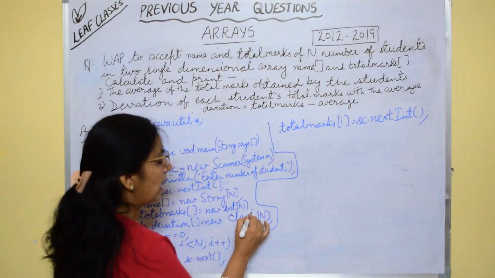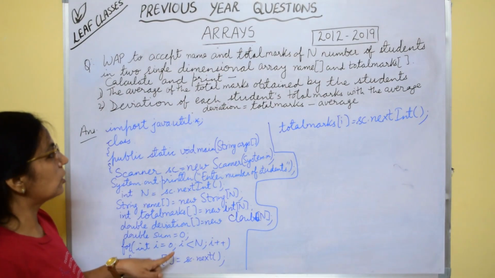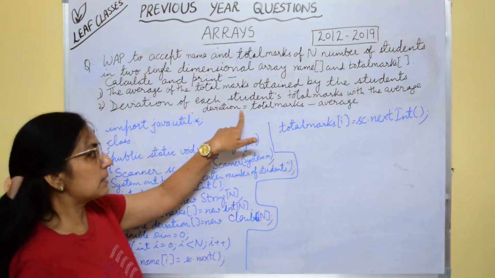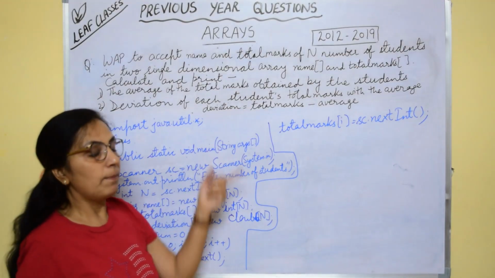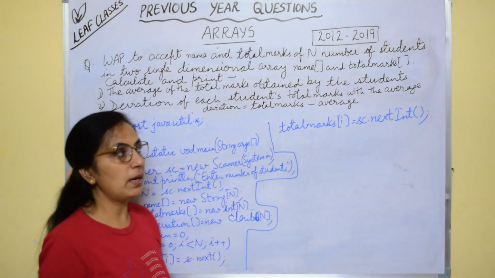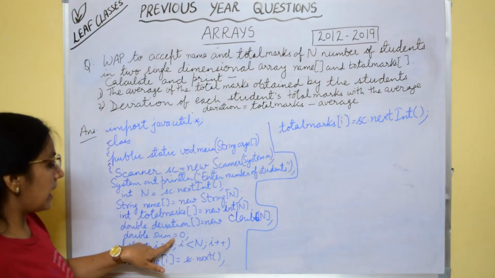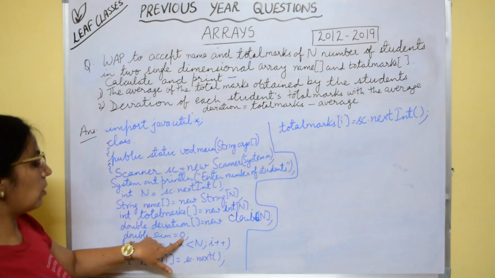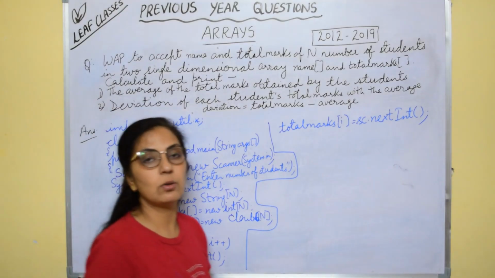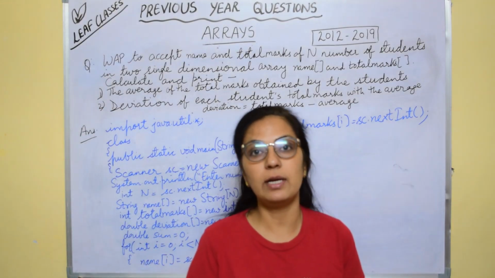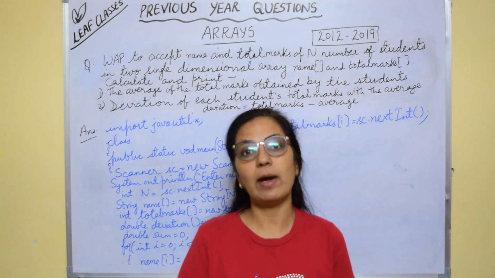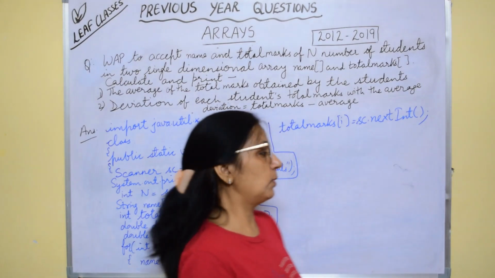Here also I have taken double deviation because it can be in points. Deviation can come in points. So after this you will take the variable sum equals 0. Why we need sum? Because to calculate average will be total sum divided by n number of students.